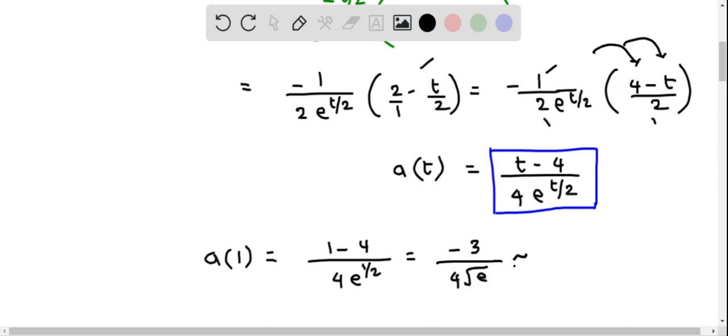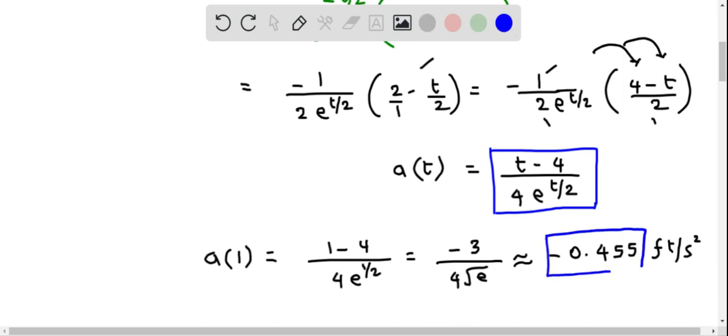We plug this into the calculator and determine the approximate value, and we get negative 0.455, rounded to 3 decimal places, feet per second squared. This is the acceleration of the particle after 1 second.